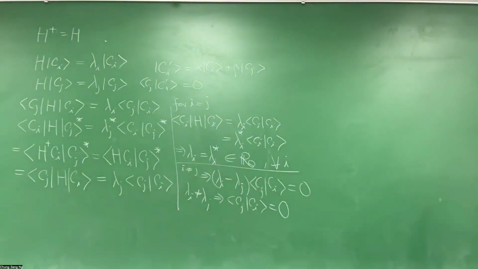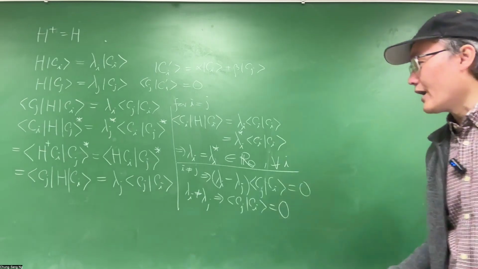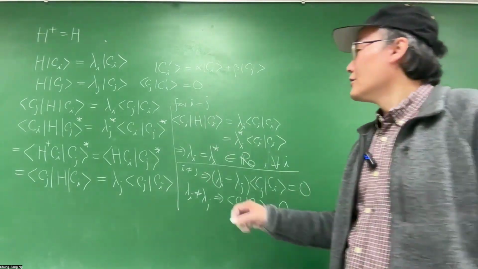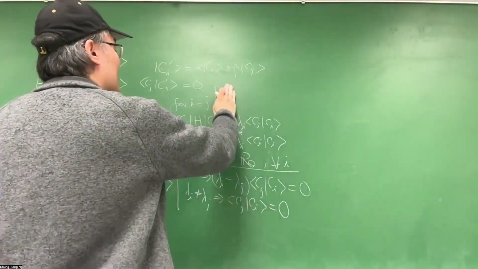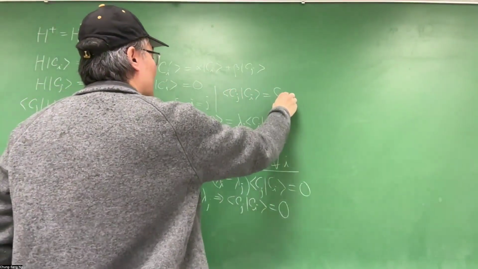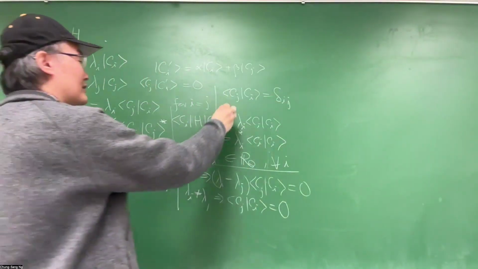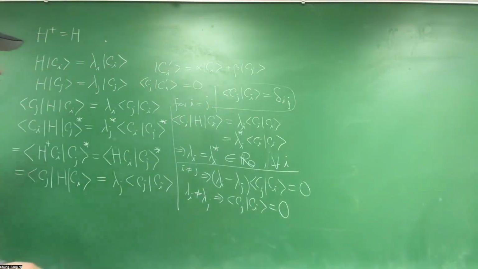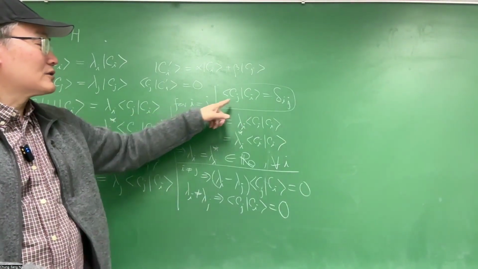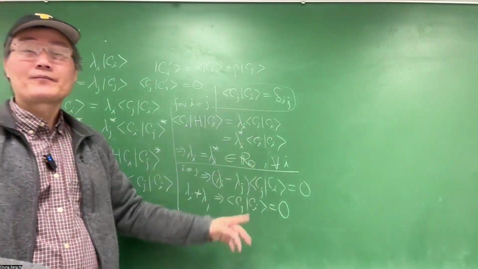So the general idea is you can get a set of orthogonal eigenvectors, and after normalization, you can choose c_i such that (c_i, c_j) equals delta_ij. For a Hermitian operator, you can always find a set of eigenvectors so that they are orthonormal.